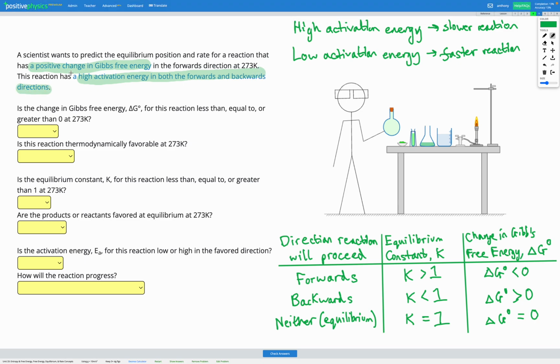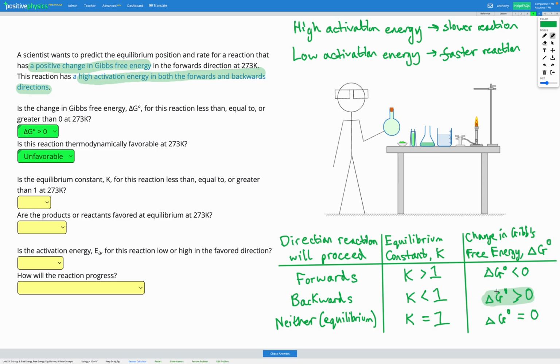So we've been told it has positive change in Gibbs free energy. That means delta G naught is greater than 0. In other words, our forwards reaction is not thermodynamically favorable. So our delta G naught is greater than 0, and our reaction is unfavorable at 273 Kelvin.